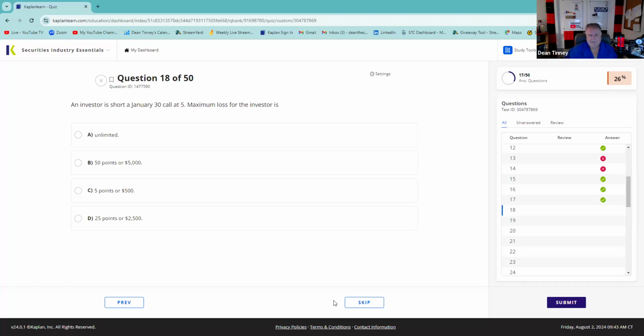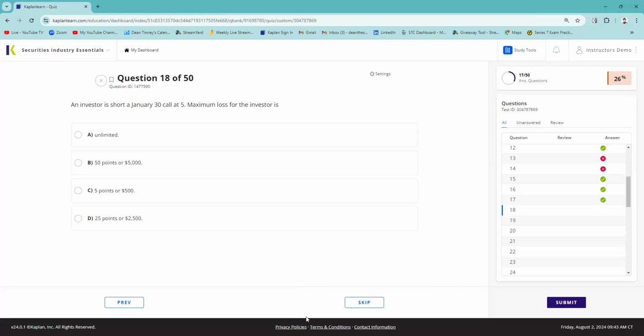So, okay, an investor is short a January 30 call at 5. Maximum loss for the investor is, this is very much a test question. Investor is short a January 30 call at 5.